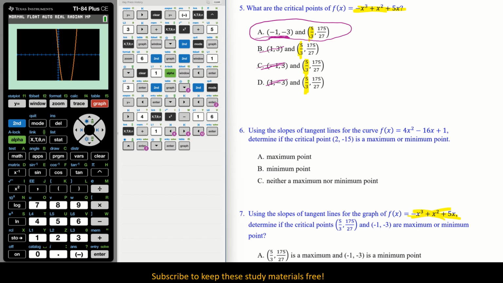My calculator is giving it to you. I'm in the middle of a test. There's no way I'm going to pencil all of that in. You're more than welcome to practice it, not for my videos. My videos are meant to show you what's best in the calculator and how quick you can get your answer. Obviously, it's option B, a minimum point without a shadow of a doubt.